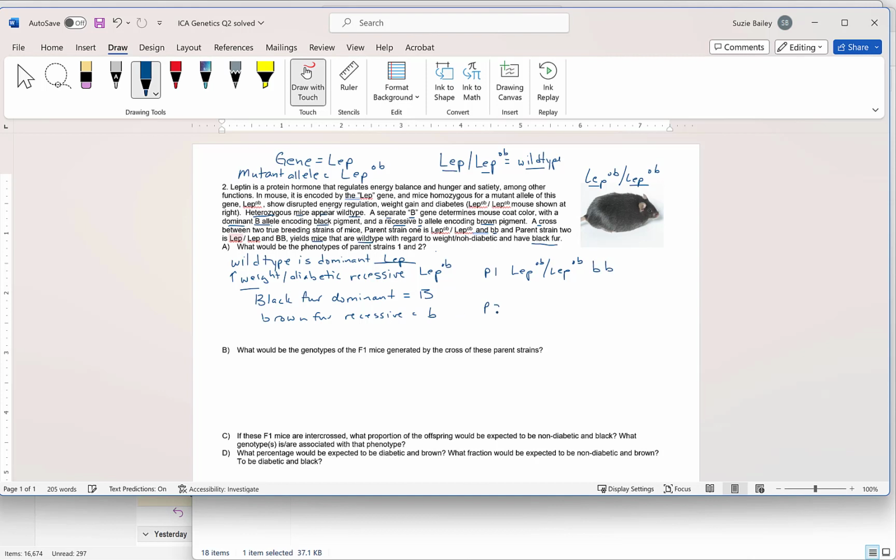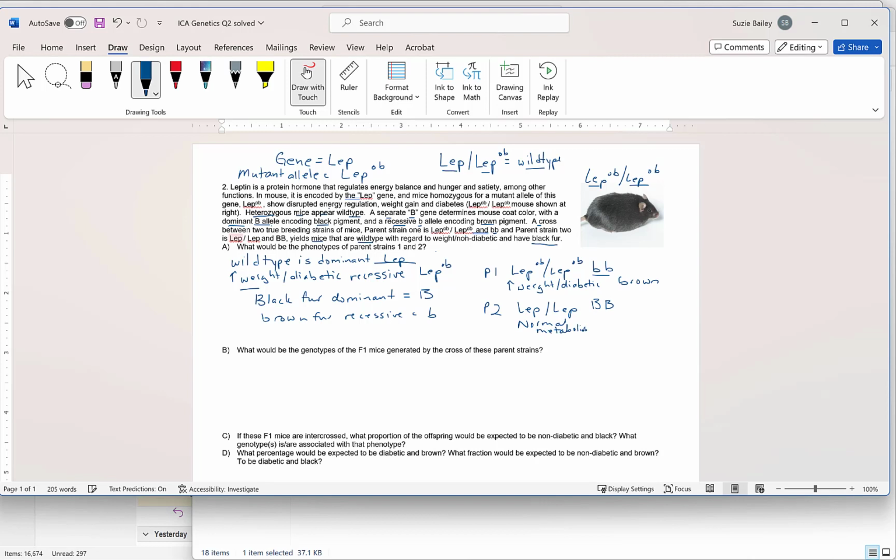Then we have parent strain 2, who was LEP, LEP, and capital B, capital B. With regard to the leptin gene, parent strain 1 is going to have a higher weight and be diabetic. With 2 recessive alleles at the B gene, parent strain 1 is going to have brown fur. Parent strain 2, having 2 wild type alleles at the LEP gene, is going to have normal metabolism.